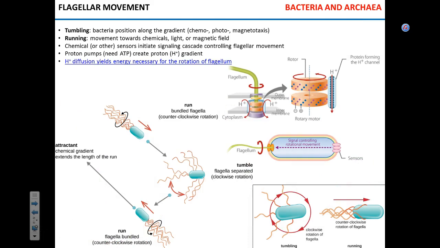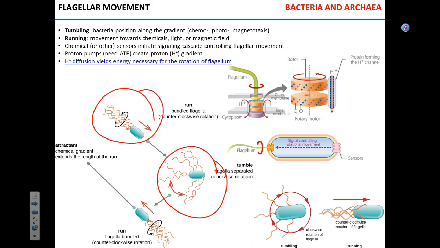Now, a few words about flagellar motion. There are two modes. It's called running and tumbling. When microorganisms run, all flagella rotate counterclockwise. Don't memorize counterclockwise. I don't really care.